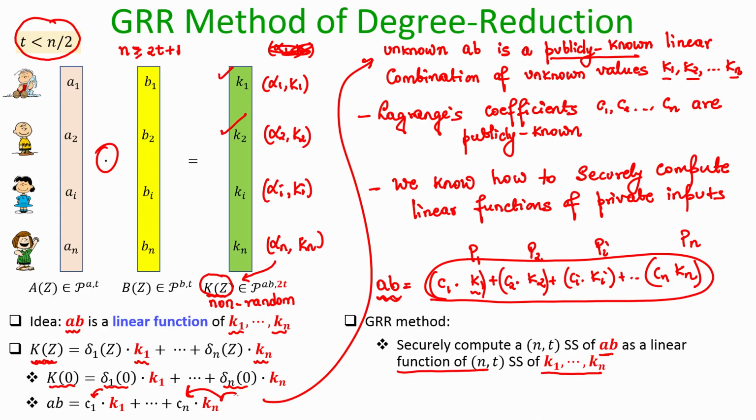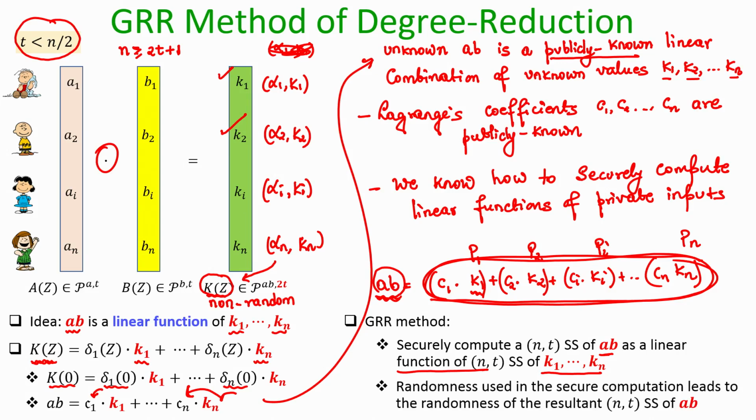But if we want to compute securely this function, that is always possible by asking the respective parties to secret share their private inputs, and the private inputs of the respective parties are now k1, k2, ki, kn. We do not want to make the values k1, k2, ki, kn public, but still we want to compute the output A times B, which is the linear combination of these k1, k2, ki, kn, in a secret shared fashion, and this can be done very easily.